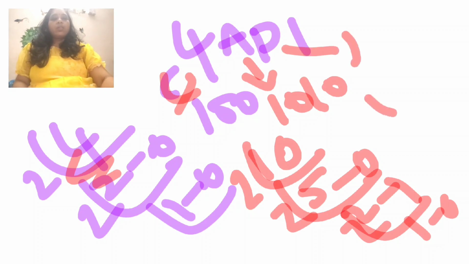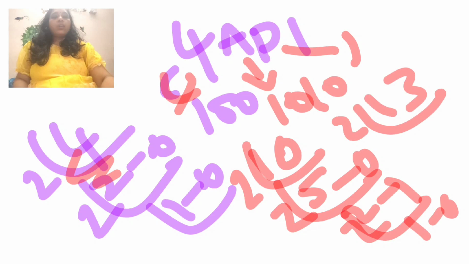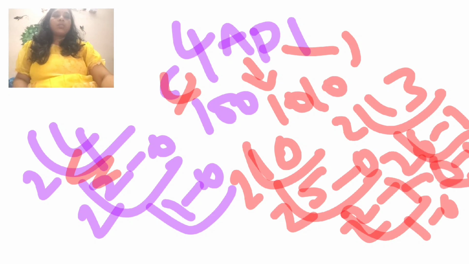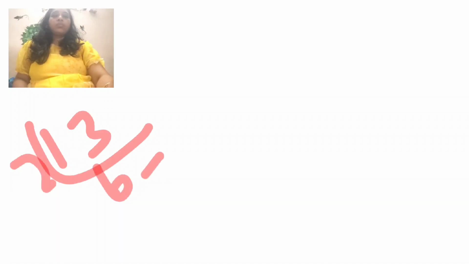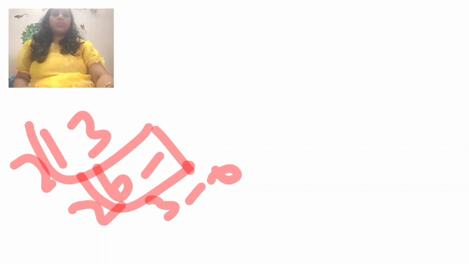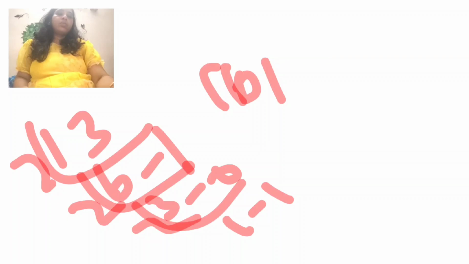And D value 13, you can divide like this. 2 2s are 1. The answer is 1101.